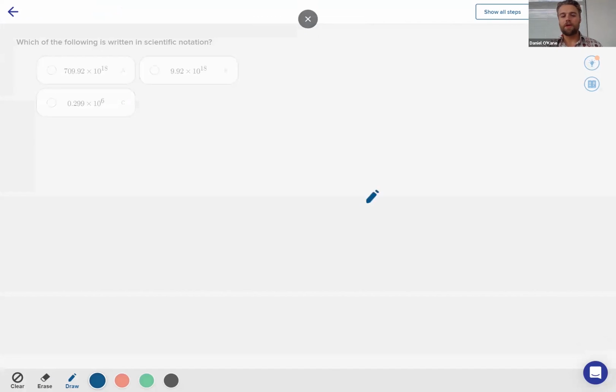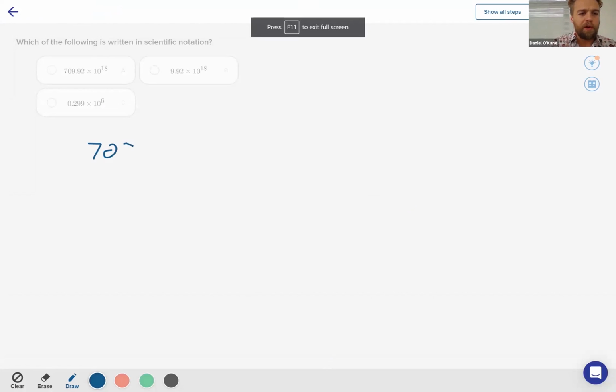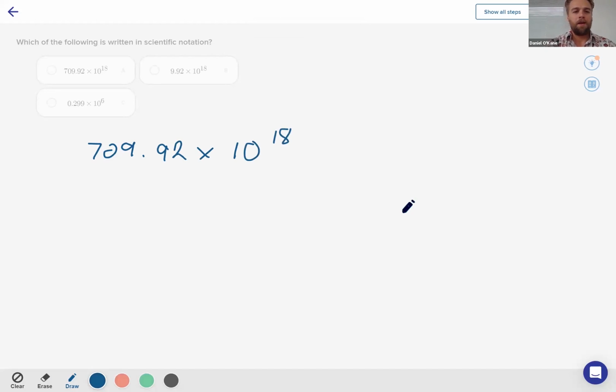We have these 3 choices. We have 709.92 times 10 to the power of 18. We have 9.92 times 10 to the power of 18. And we have 0.299 times 10 to the power of 6.